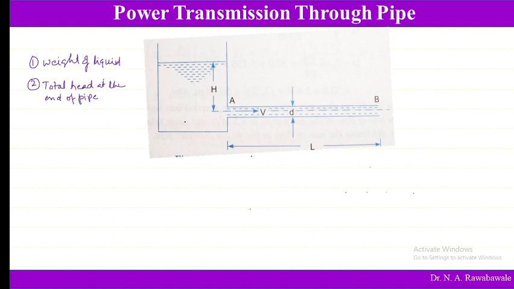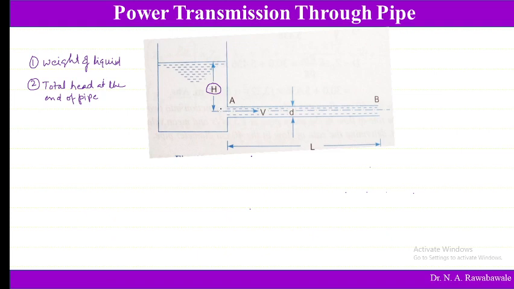So let us assume that there is one tank which is filled with a certain liquid up to the height h from the center of pipe. This h is the energy input, or the energy available at the inlet of this pipe.